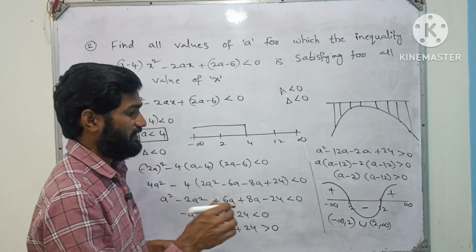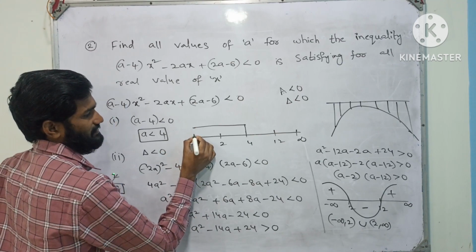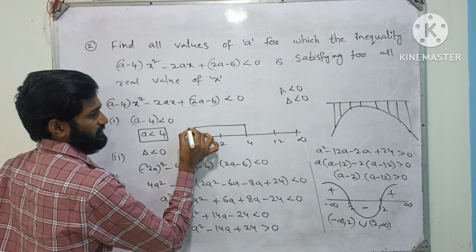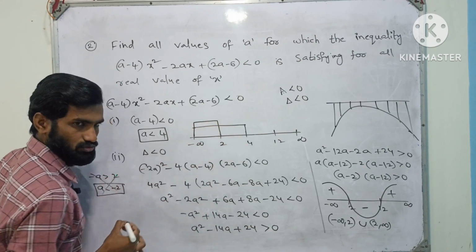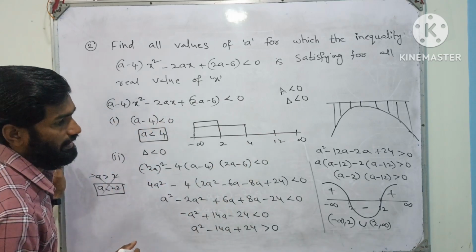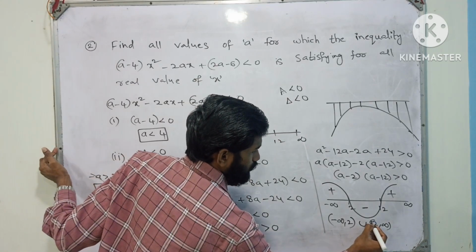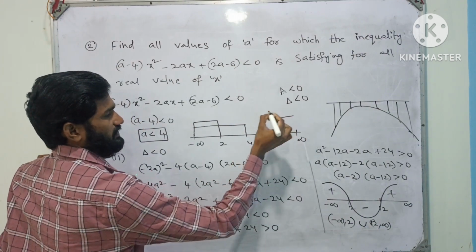Next step. What is the second case? Minus infinity to 2, and 12 to infinity, not 2 here, 12 to infinity. So 12 to infinity means like this.